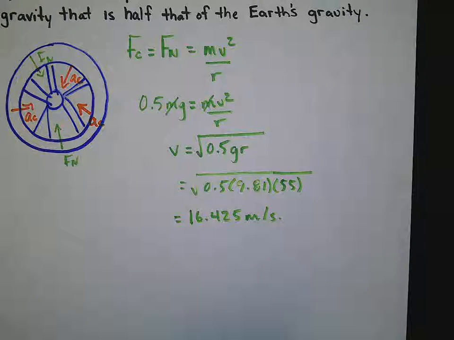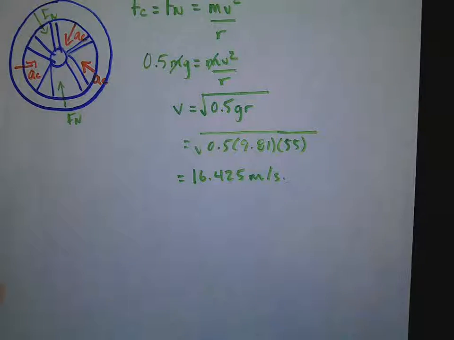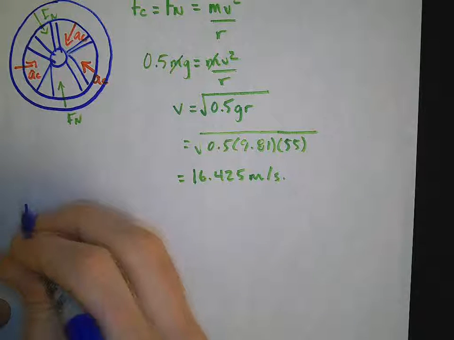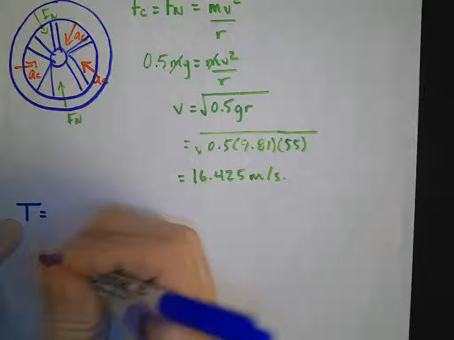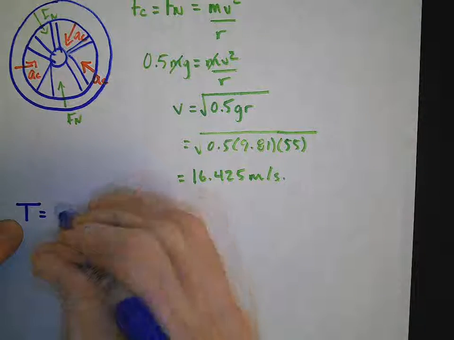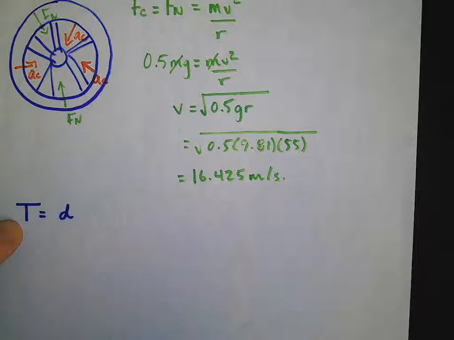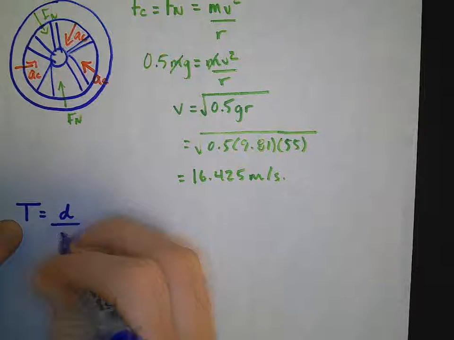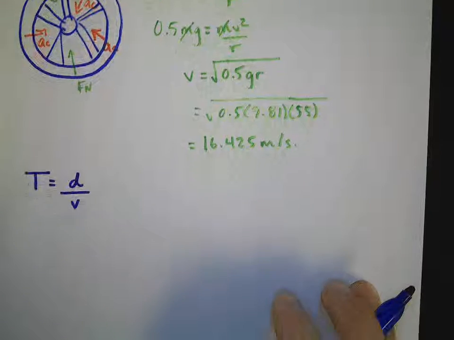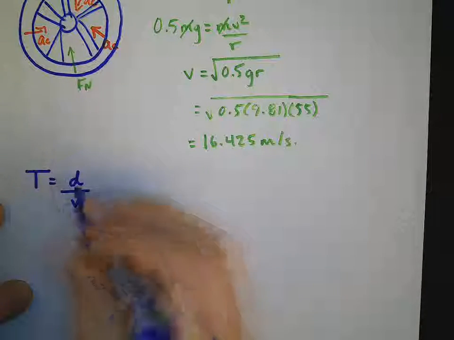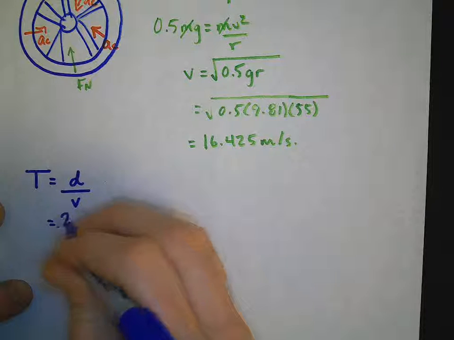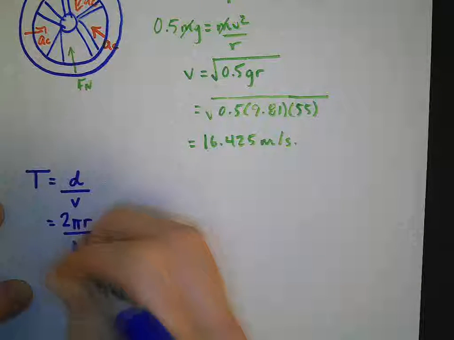With our speed, we know that the period of one rotation, T, is equal to the distance it takes to travel around the circle all over our speed. Our distance is the circumference of a circle, so that would be 2 pi r all over v.